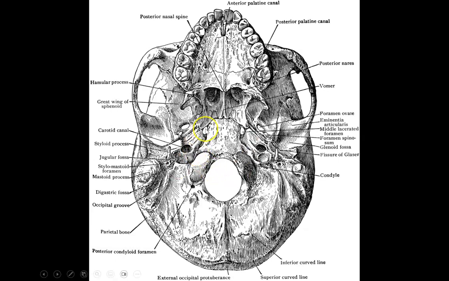And this is the vomer. This is what we take in the transsphenoidal approach to reach the sphenoid face, to go inside the sphenoid sinus, the keel of the boat, the vomer. You take it out to reach inside the sphenoid sinus and cells.